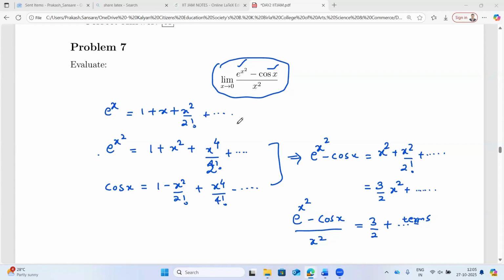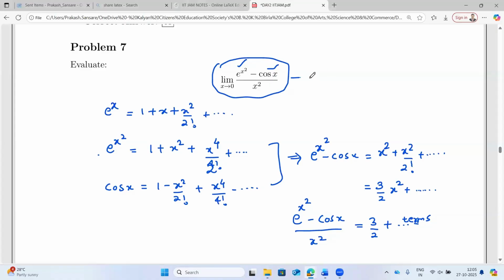We get 1 plus half. Just let me write this down. If you could get it, it's very good. It is e to x square into 2x minus sin x upon x square.